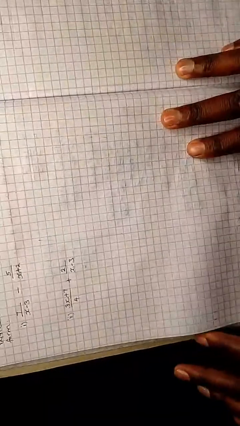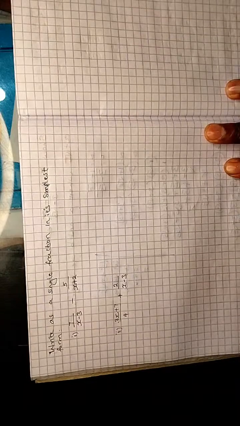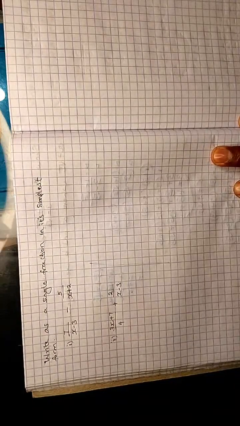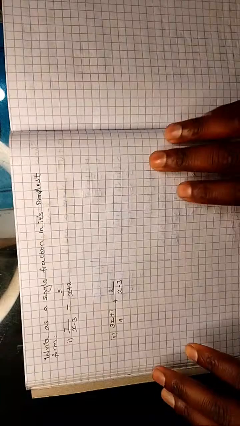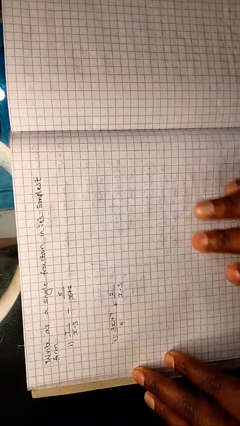Let us look at the next question. Now the next question here, we are being told to write as a single fraction in its simplest form. You need to write that one as a single fraction in its simplest form. Now how can we do that question?